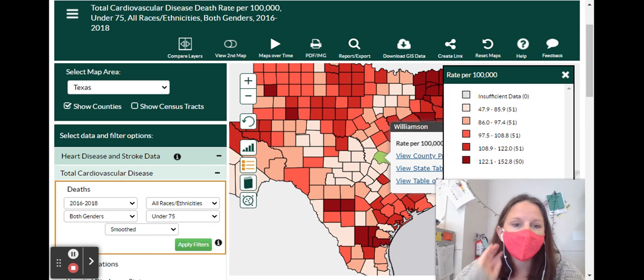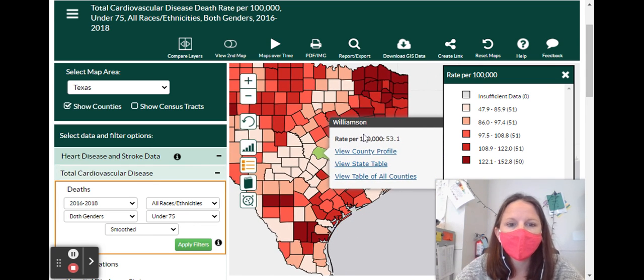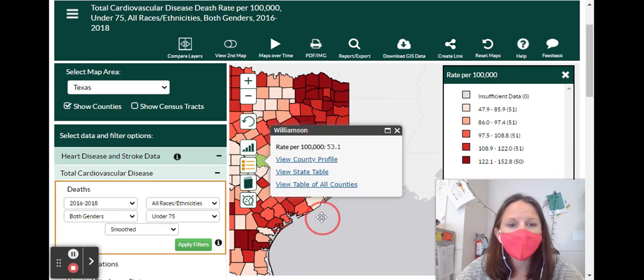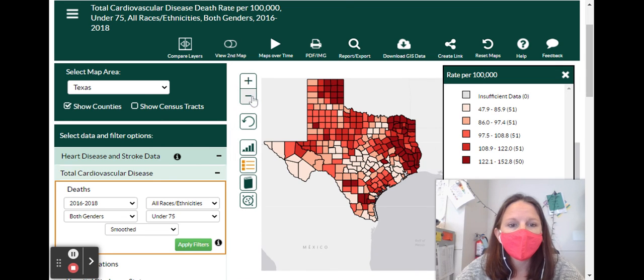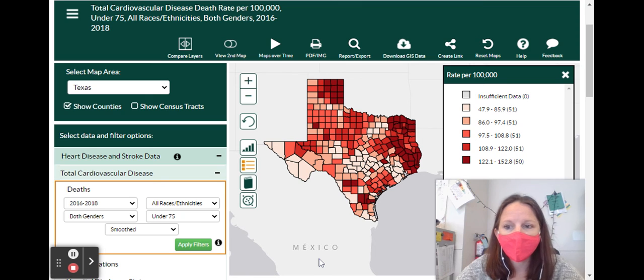And then if you have clicked on that, you're actually going to see the rate per 100,000. If you go back to your assignment, it's going to ask for that information. It's going to ask what the rate in Williamson County is, and it's also going to ask, if you look at the map as a whole, where are the highest incidences? Where are the darker areas for deaths due to heart disease or cardiovascular disease?